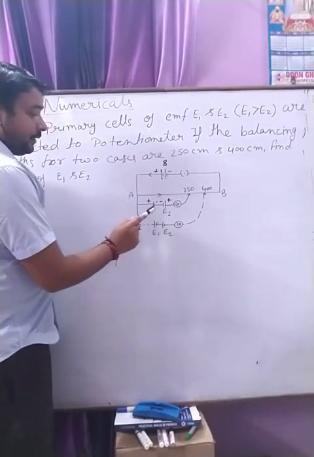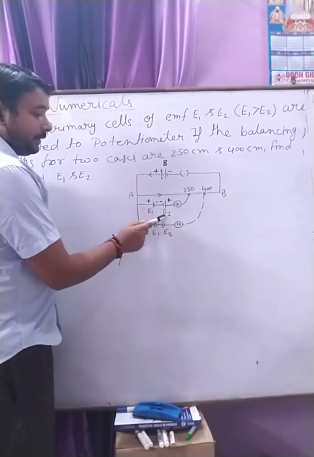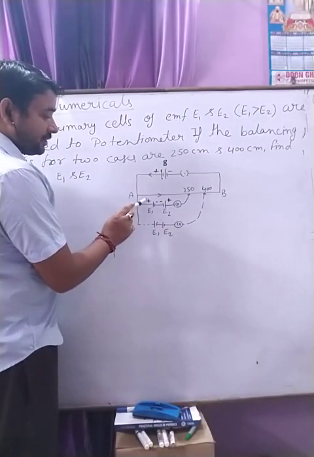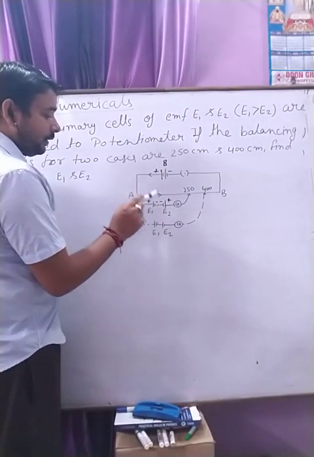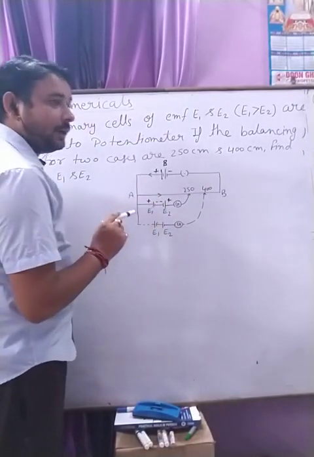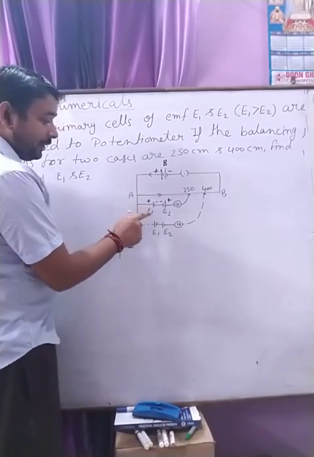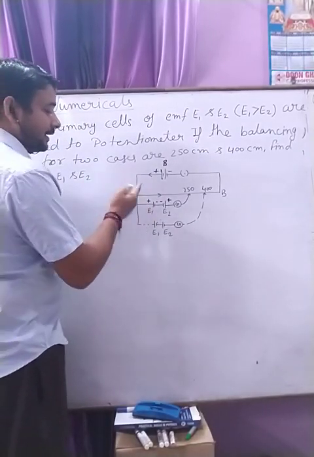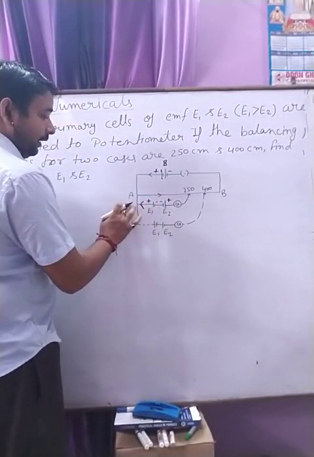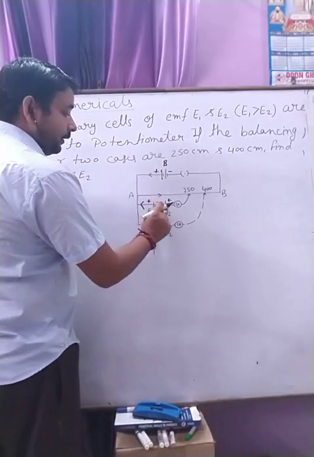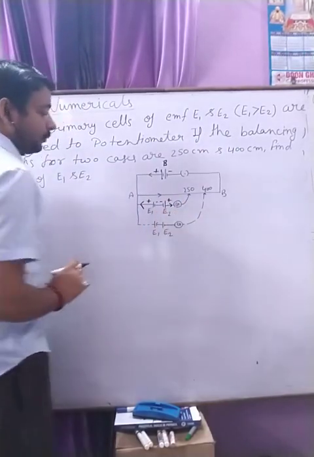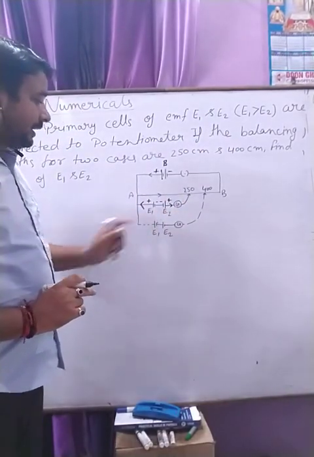In the first case, E1 and E2 are connected in opposite direction, which means the negative terminal of cell E1 is connected with the negative terminal of cell E2. By E1 the current is flowing in this direction, from E1 to A, and in E2 the current is flowing from E2 to the galvanometer.